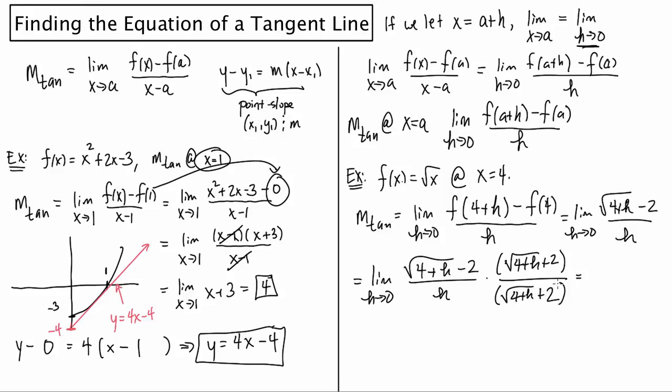When we do that, in the numerator, we end up with 4 plus h minus 4. And in the denominator, we end up with h times the conjugate.